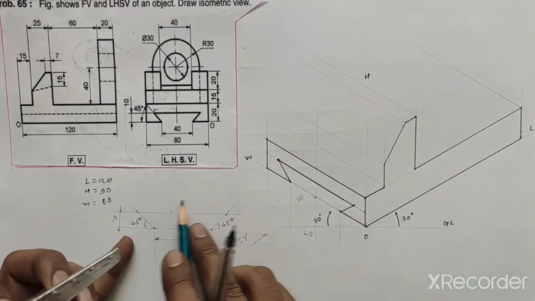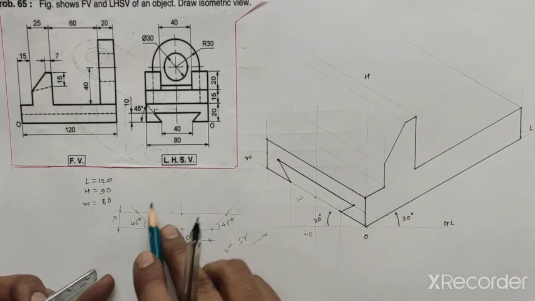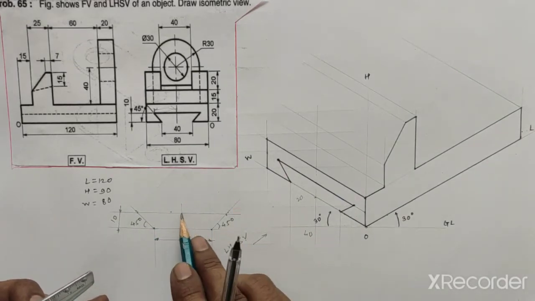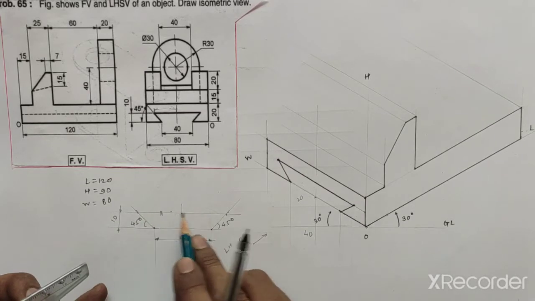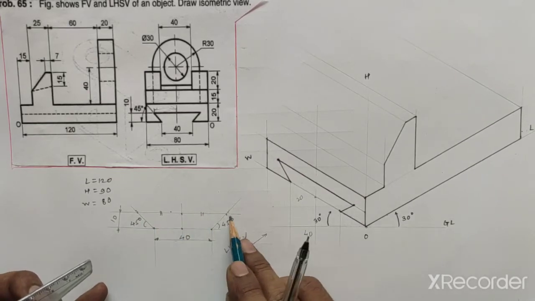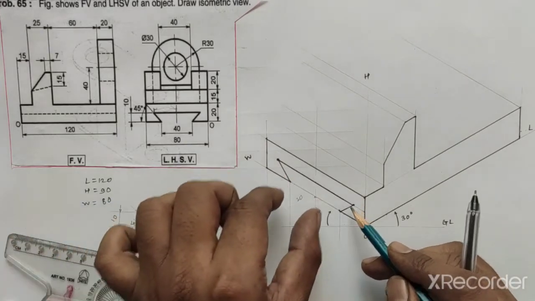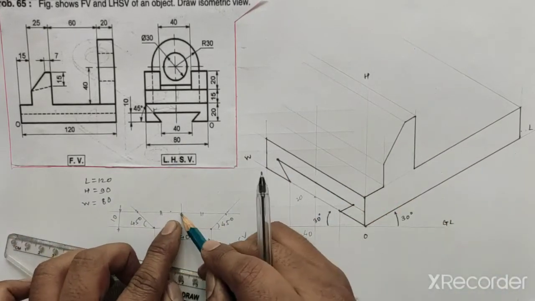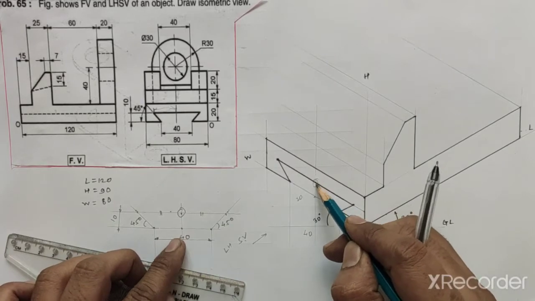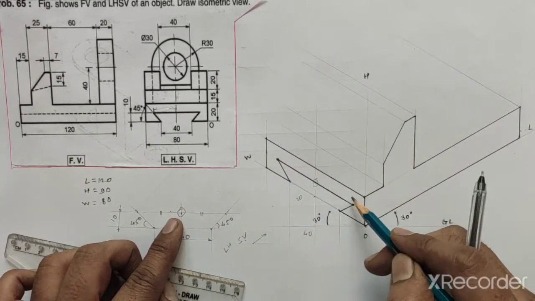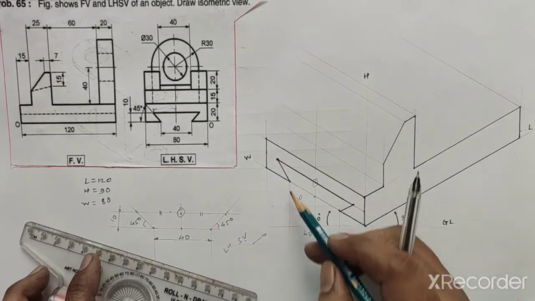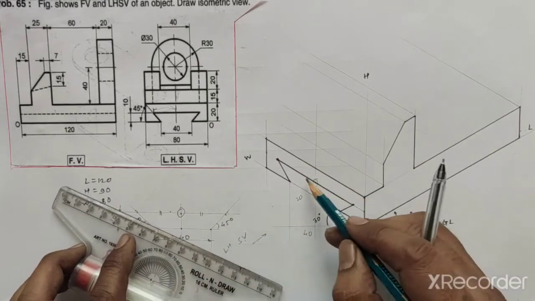Then draw with actual dimension, construct this figure, and we get the distance from center to this side, and the other side distance. Take this distance in the compass, 10 mm depth of cut. Place the compass here, mark on both sides and connect. Because of the inclined face we cannot draw the angle.